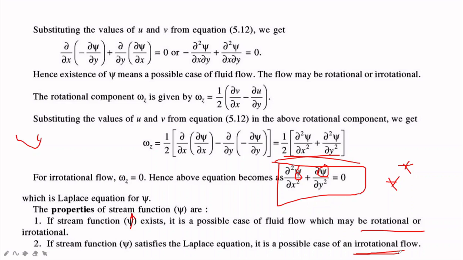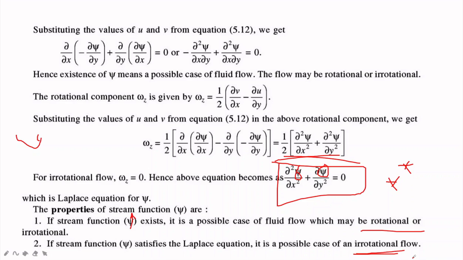But velocity potential on the other hand, if phi exists then the flow should be irrotational. If phi satisfies Laplace equation, it represents the possible steady incompressible irrotational flow, and directly the velocity potential will tell us that it is a possible case of that. If psi satisfies the Laplace equation, it tells the possible case of irrotational flow.